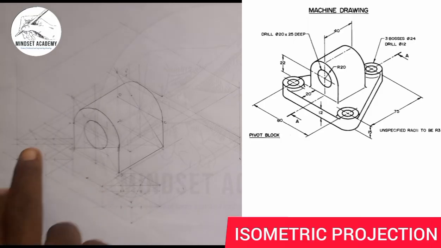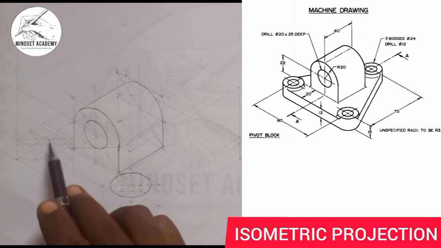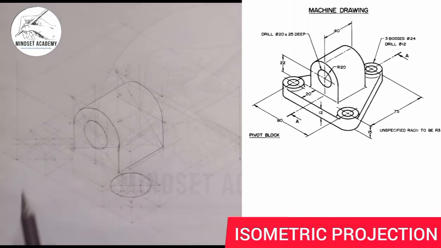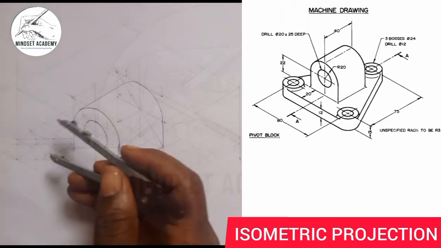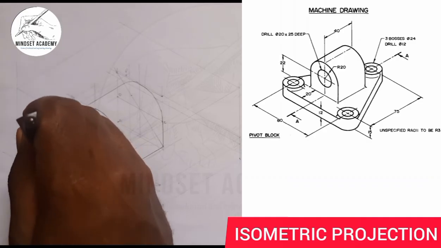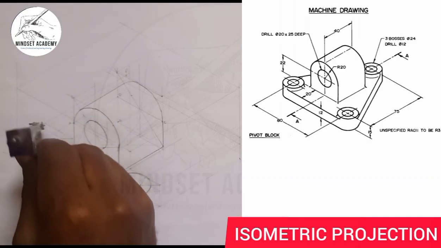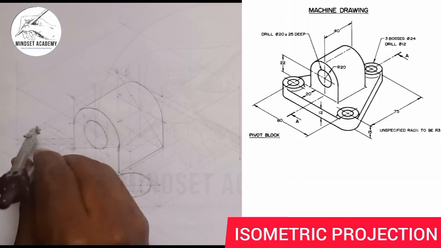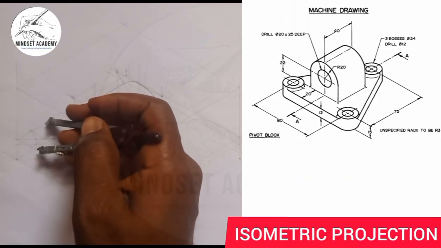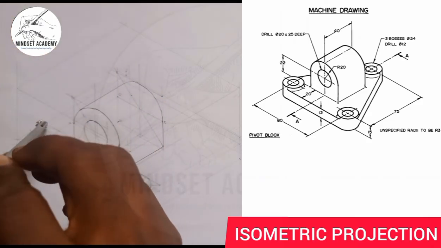And I'll do the same thing for everything here. You can see that? You do the same thing here too. You complete that circle there. Take your compass, place it here to this point, and you do the same thing. Then you come here too, you do the same thing.